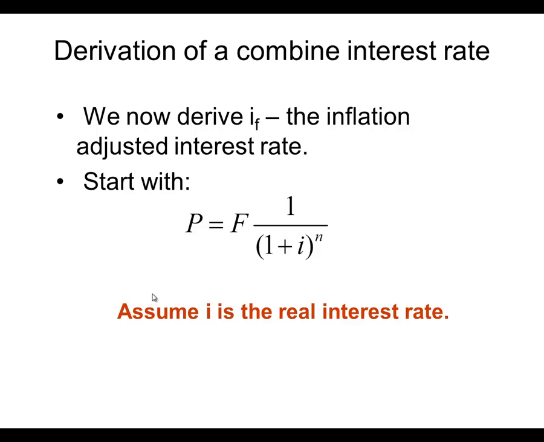We are going to start with our famous equation as usual, P equals F multiplied by 1 divided by (1 plus i) to the power n, assuming that i is the real interest rate in this formula.